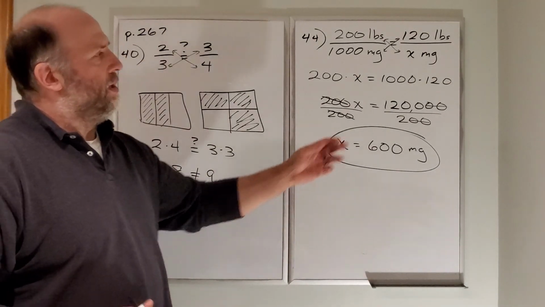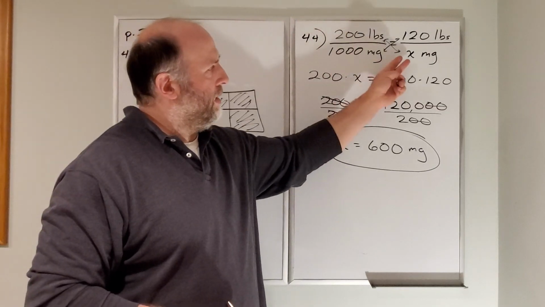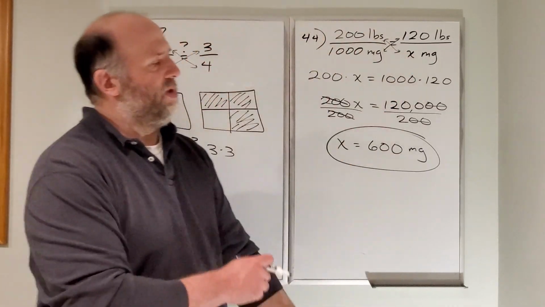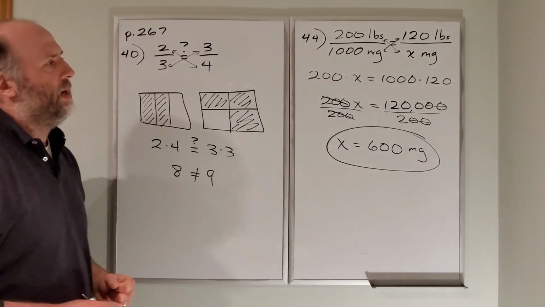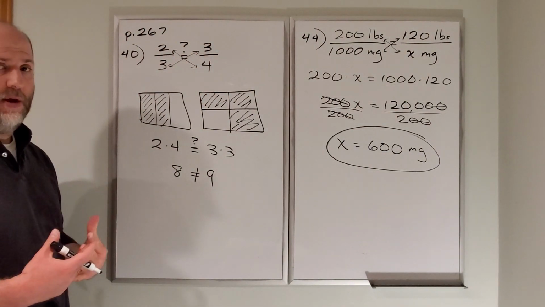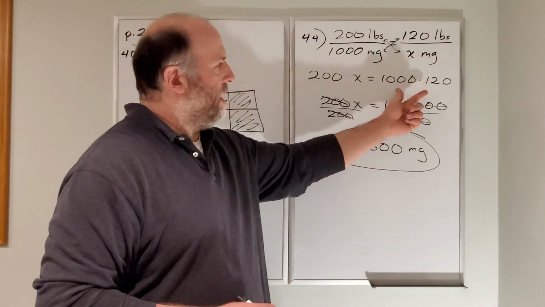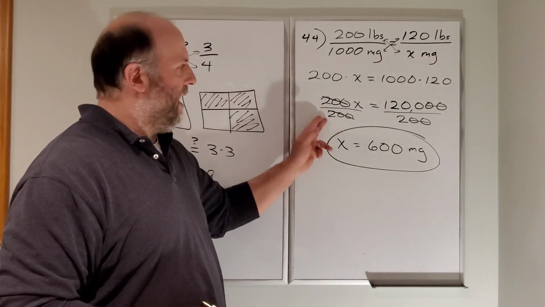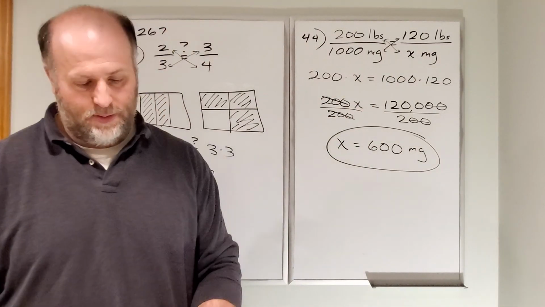Okay, and then use an unknown x, and I don't care what you use. Okay, whatever variable you fancy. Use that to represent the unknown piece. And as always, the way we solve a proportion, cross multiply, evaluate any products as needed, divide both sides by the coefficient of your variable. You should have your answer.